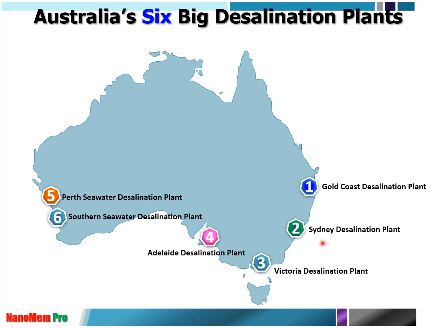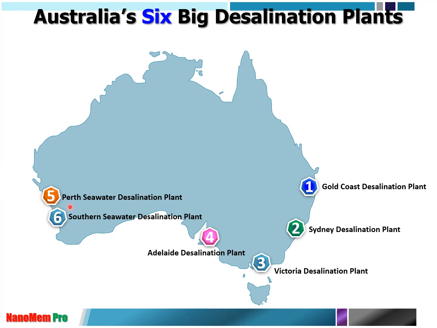The second one is the Sydney Desalination Plant. The third one is the Melbourne Desalination Plant in Victoria, then the Adelaide Desalination Plant, and the Perth Desalination Plant and Southern Seawater Desalination Plant. So we have 6 main desalination plants. Most of them were built in 2005 to 2010.